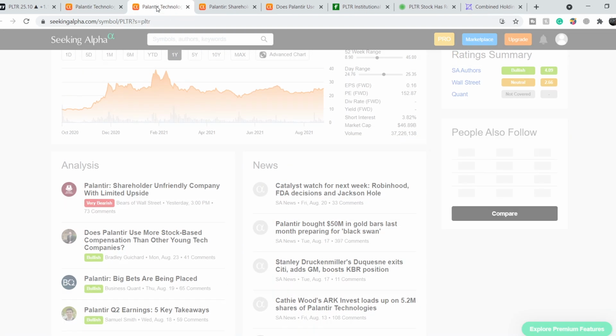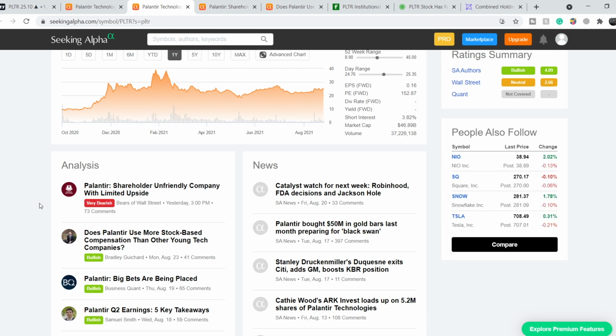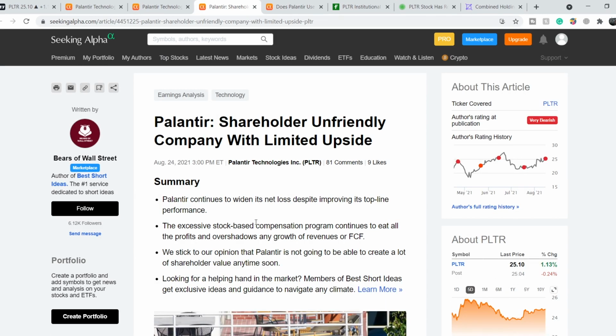And right here we have 2 articles. First of all, Palantir shareholders unfriendly company with limited upside, and second one, does Palantir use more stock-based compensation than other young tech companies? These 2 articles have 2 different views on one problem. For some of them it is a problem, for some of them it's not, and it is stock-based compensation.